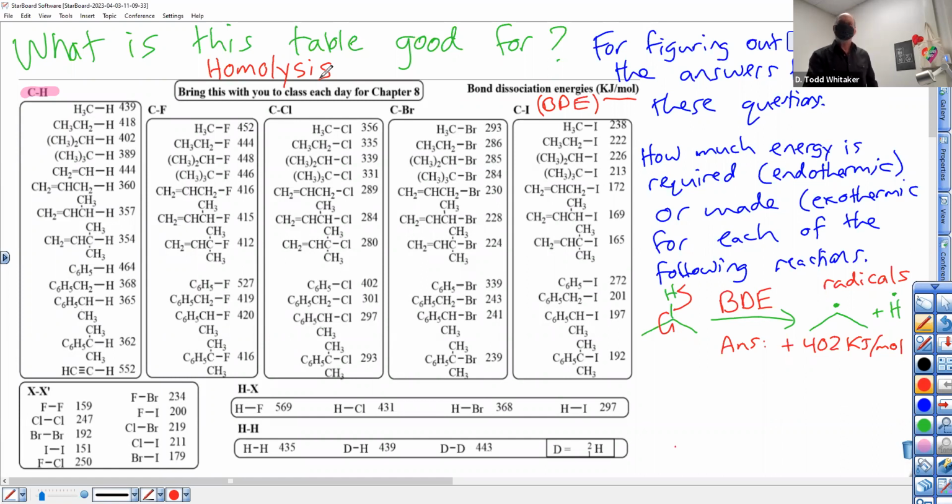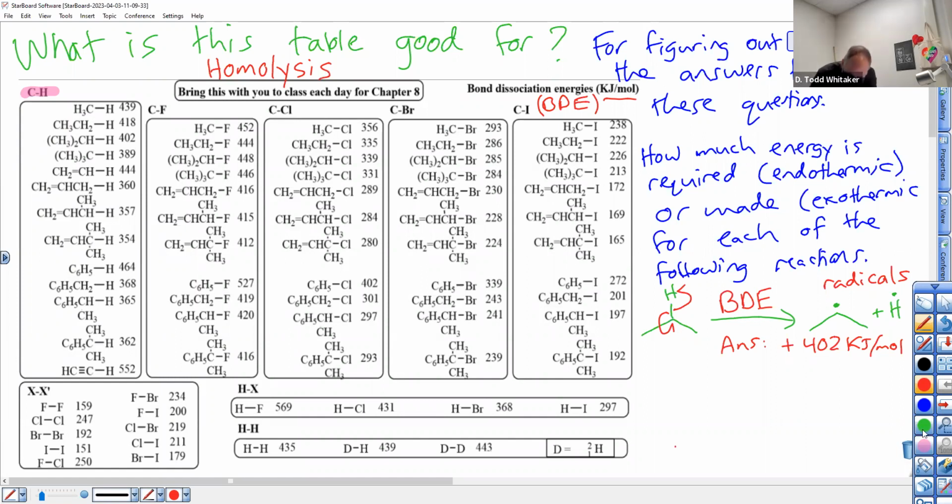What prefix is for even? Like evenly spread. We've used it before, homogeneous solution. What does the homo mean then? Evenly spread throughout the solution. What does homo mean here? Evenly split the bond. There's your homo. And lysis means split, right? Learn that. It's for biology and chemistry.